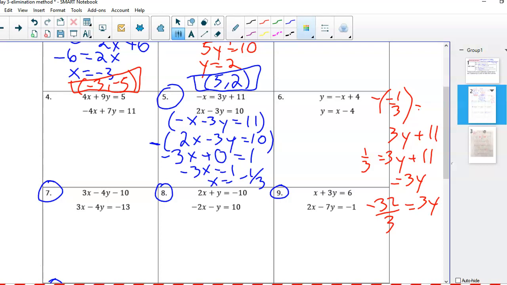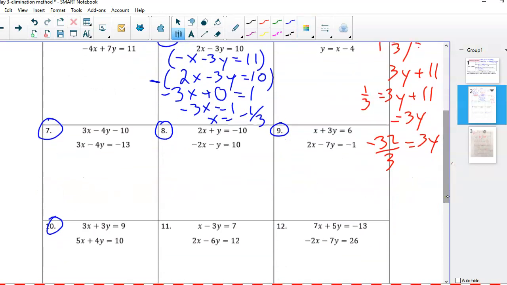So here, to get rid of 3, divide by 3, or really multiply by the reciprocal, so we don't have fractions within fractions. So I'm going to multiply both sides by 1/3. It looks a little messy because I'm running out of space. Negative 32 over 3 times 1/3 would be negative 32 over 9.